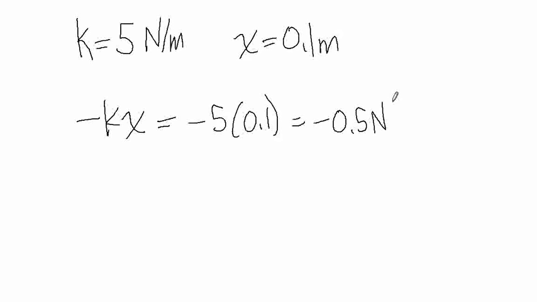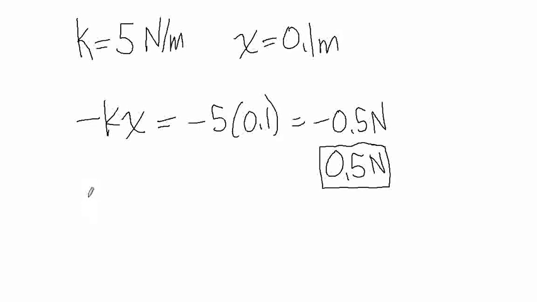All right, so that tells us that if positive x values are to the right of the origin, the force is to the left. Now if you wanted to know the strength of the force, what's referred to as the magnitude of the force, that's the absolute value. So you would state that as 0.5 newtons, and drop the negative sign.